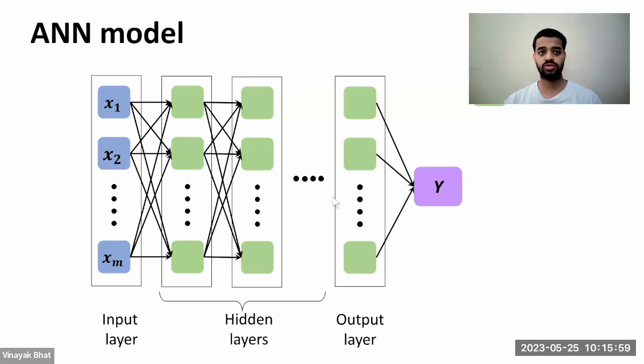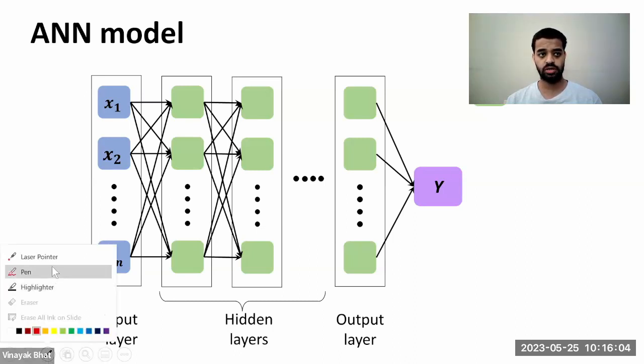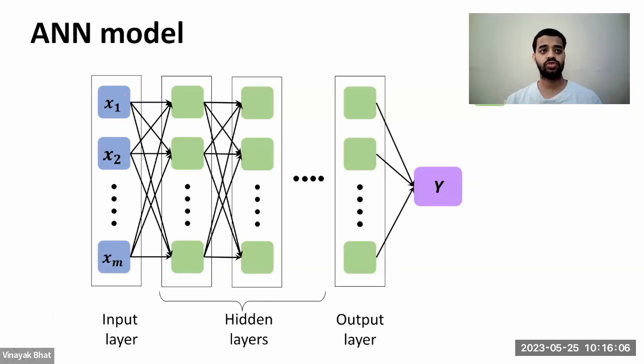So this is the neural network model architecture, and let's use a pen here. These are the inputs, these are the neurons, and let's say we requested 512 neurons in this layer. So in this layer we requested 512.